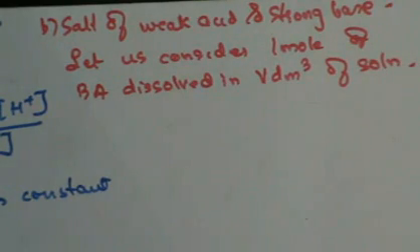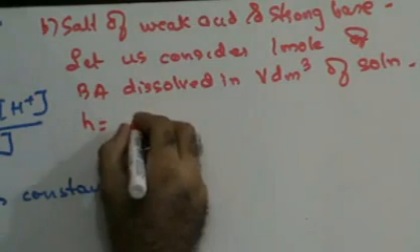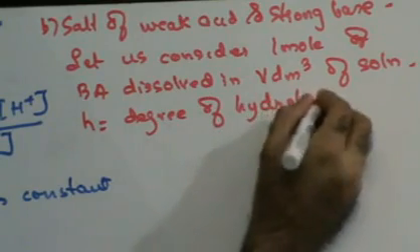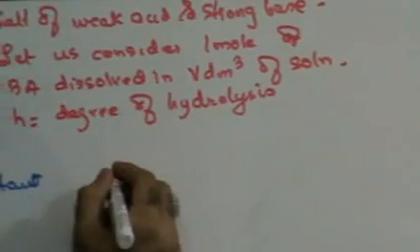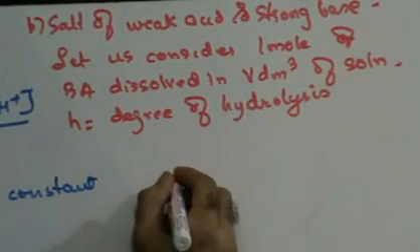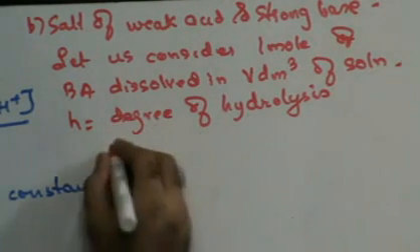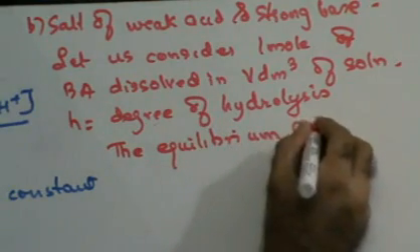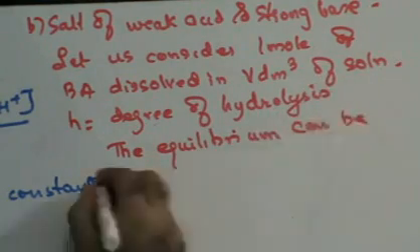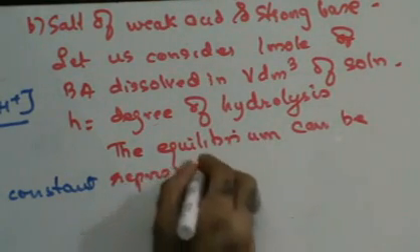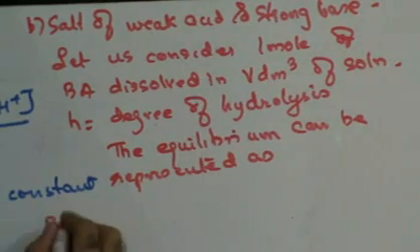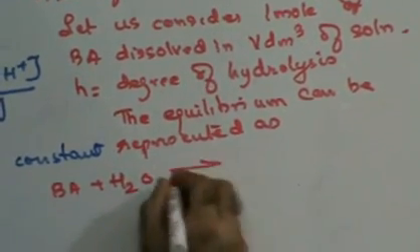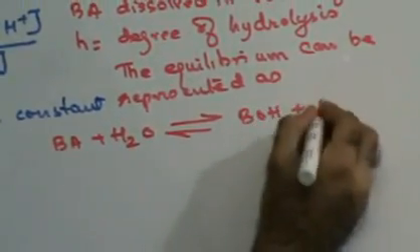Let us also assume that h is the degree of hydrolysis. Exactly like the previous derivation, the equilibrium can be represented as: BA combines with water to give you BOH plus HA.